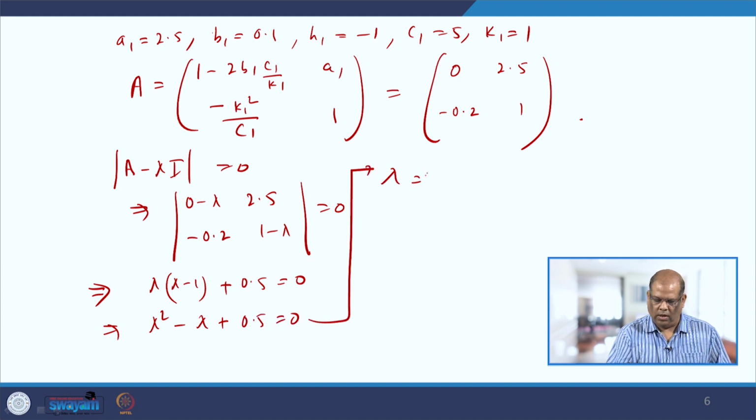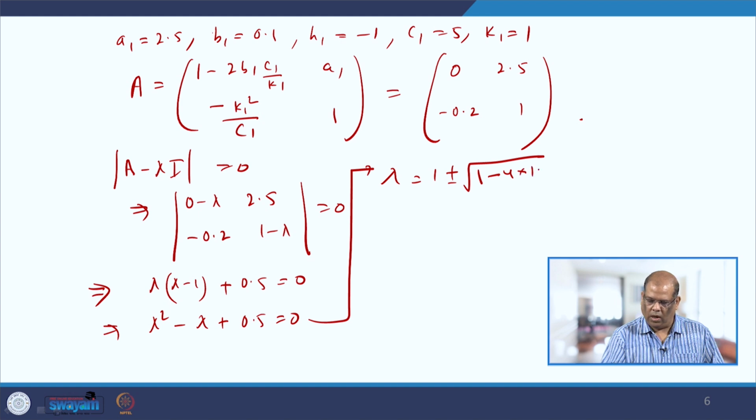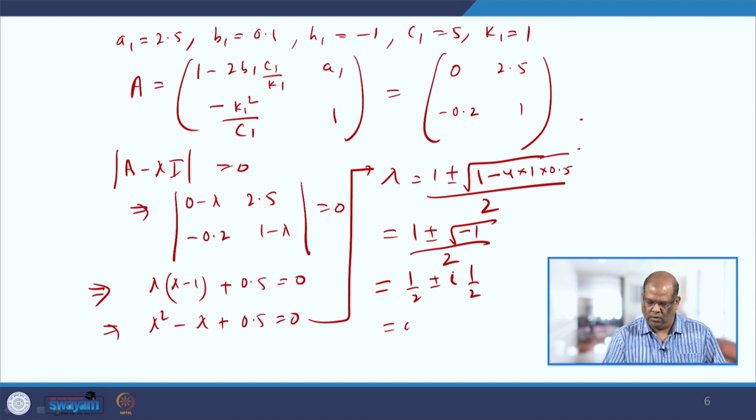If I solve this, lambda equal to minus b plus minus root over b square minus 4 a c, divided by 2a. So 1 plus minus root of minus 1, divided by 2. So I can take half plus minus i half, so 0.5 plus minus 0.5i.